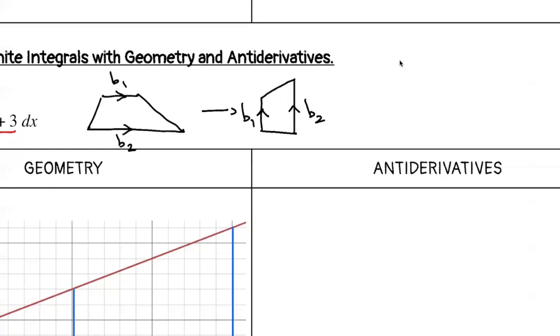Where would I label the height on this second diagram? Yeah, this bottom part would be the height. In particular, this distance right here is the height of my trapezoid.